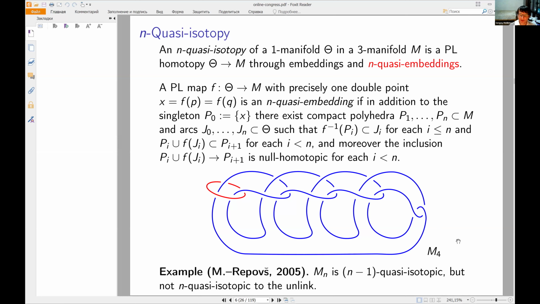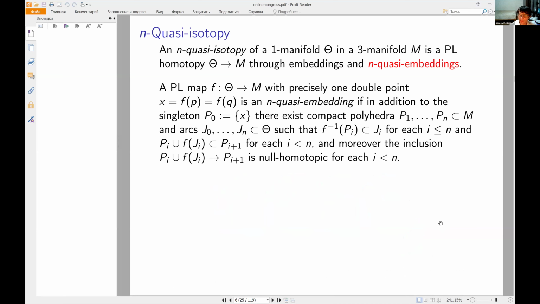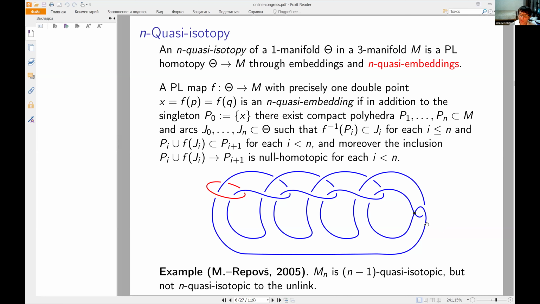So how to see that it is n-1 quasi-isotopic to the unlink? Well, let us make just one crossing change. If we do this crossing change here, then we get another link which is easily seen to be unlinked.